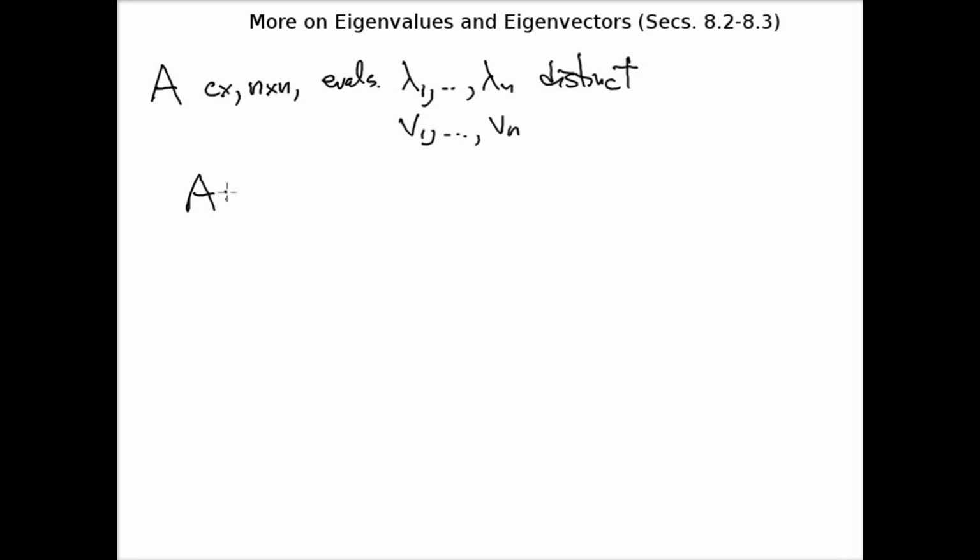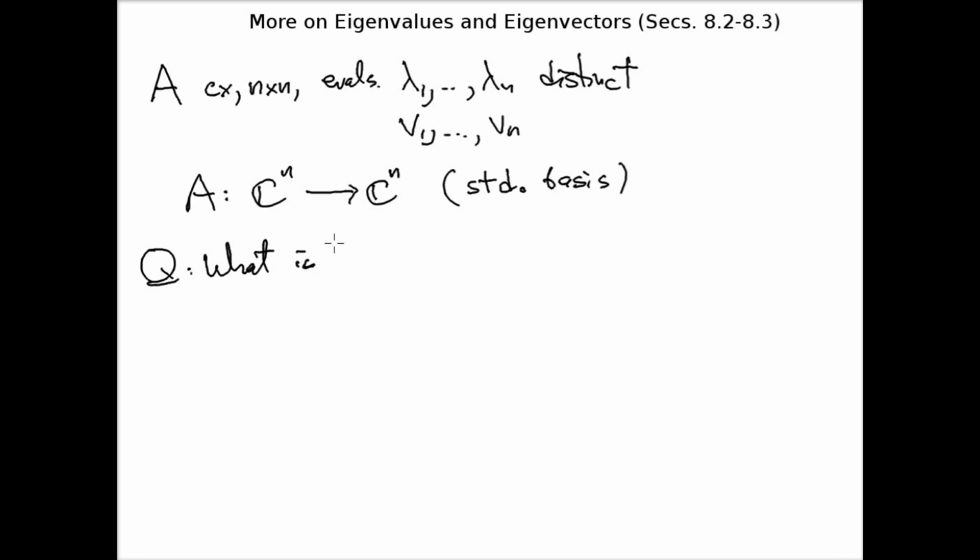So A is a complex n by n matrix, so it's a map from Cn to Cn. It's the map of a linear transformation from Cn to Cn using the standard basis. That's what it means. And, well, question, what is the matrix of A in this new basis?